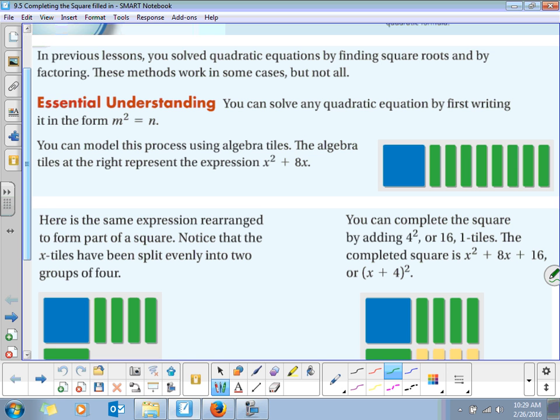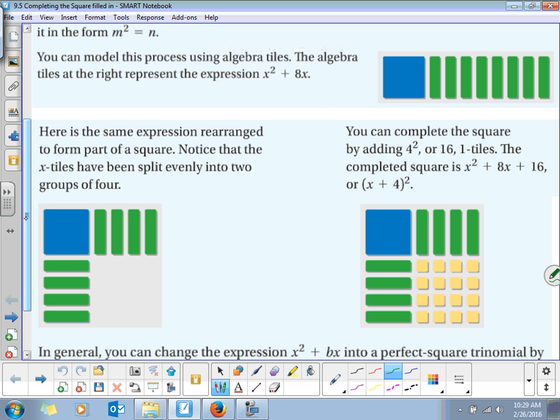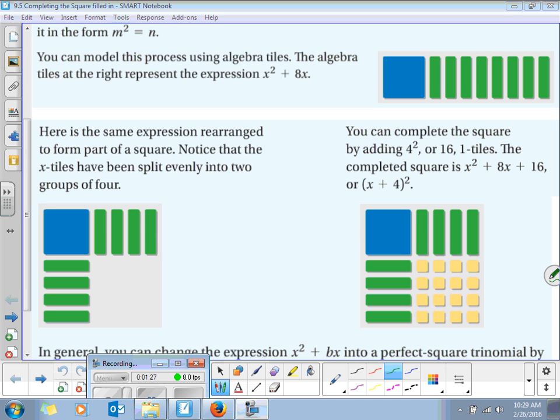Now, if we rearrange the tiles to be in an actual square, we can see that the x tiles are split in two. So the b part of the equation is split in two, so we just divided it by 2.